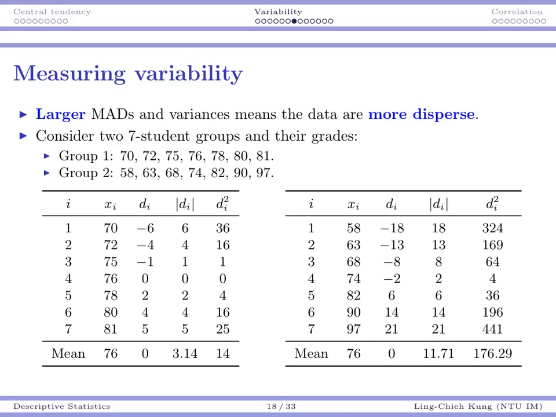Or if we use grades to judge their ability in a specific area, we say they do not perform so close to each other, or their performances are at quite different levels. But for group 1 students, their abilities are somewhat more similar to each other.